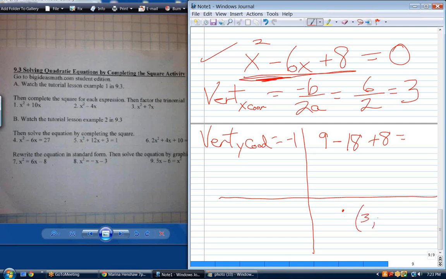So that's (3, -1). And we know it's going to look like a U, but in order to graph it, we need another point. Or actually, if we're trying to solve the equation by graphing it, we need to know where it crosses the x-axis.